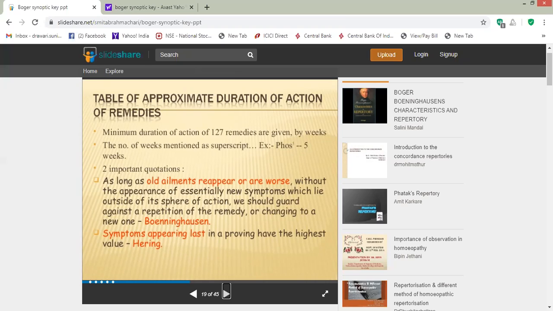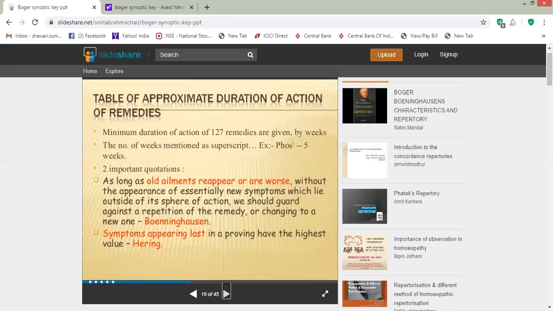The number of weeks is mentioned as a superscript. For example, phosphorus 5 means the action of phosphorus is about 5 weeks.